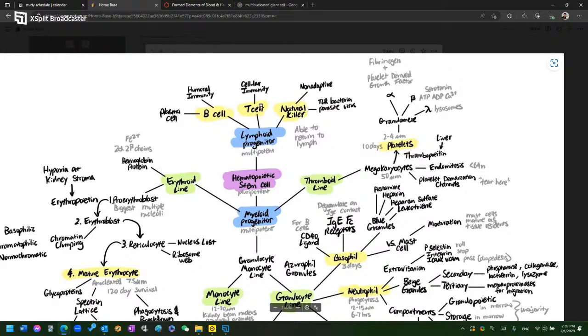So the T cell, we have T helper cells and T cytotoxic cells, which are related to killing cells, killing foreign bodies. But our T helper cell can also activate our B cell and cause us to have plasma cells and antibodies.